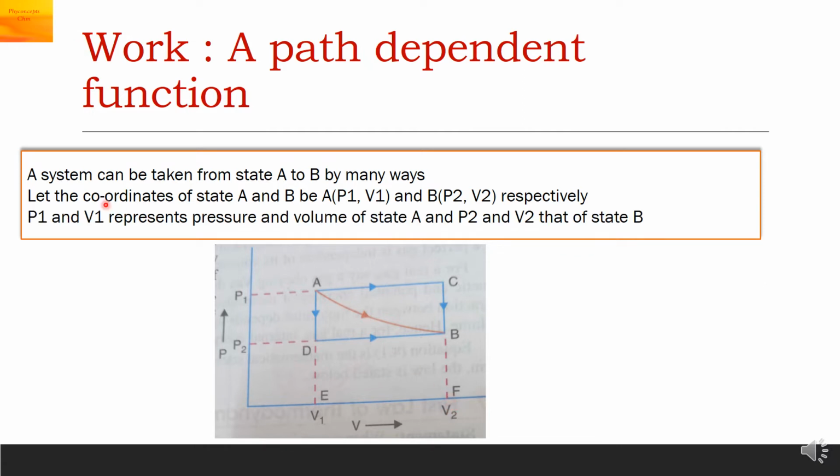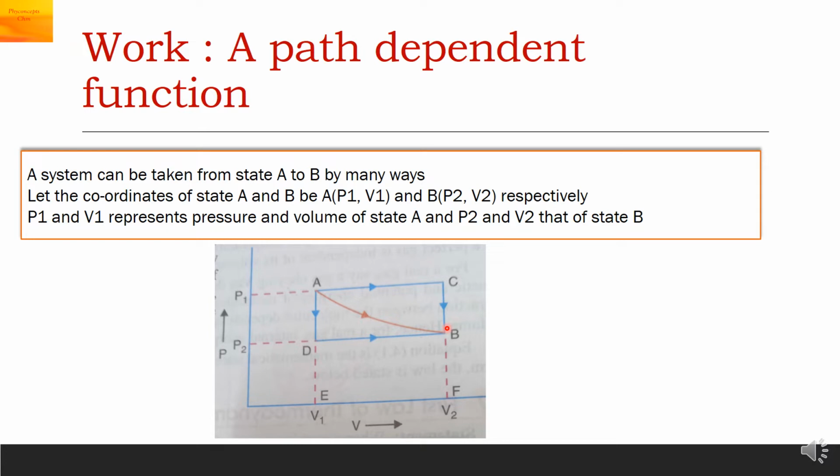P1 and V1 represent the pressure and volume of state A, and P2 and V2 represent the pressure and volume of state B. So the system is going from state A to state B through different ways.